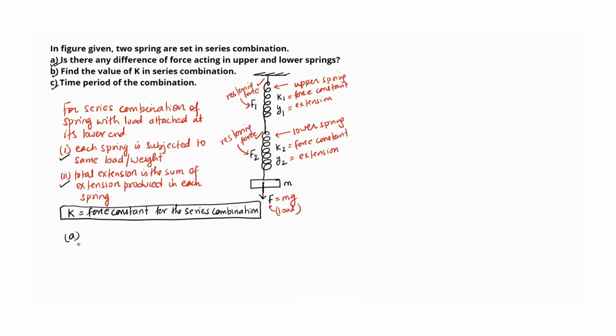Now let us understand A. Is there any difference of force acting in the upper and lower spring? Since we know each spring is subjected to the same load or weight, we have load F equals mg, so the upper and lower springs are subjected to the same load.